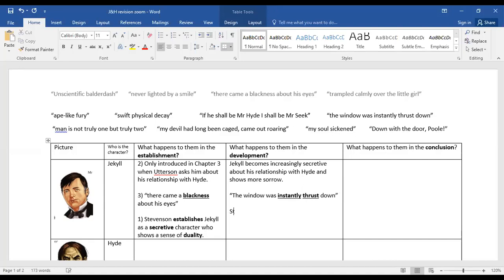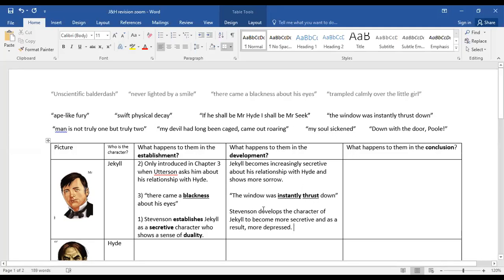At this point, we could say Stevenson develops the character of Jekyll to become more volatile, and as a result, more depressed. So for your second paragraph, now we're talking about the development of his character, and as a result, he's more depressed.